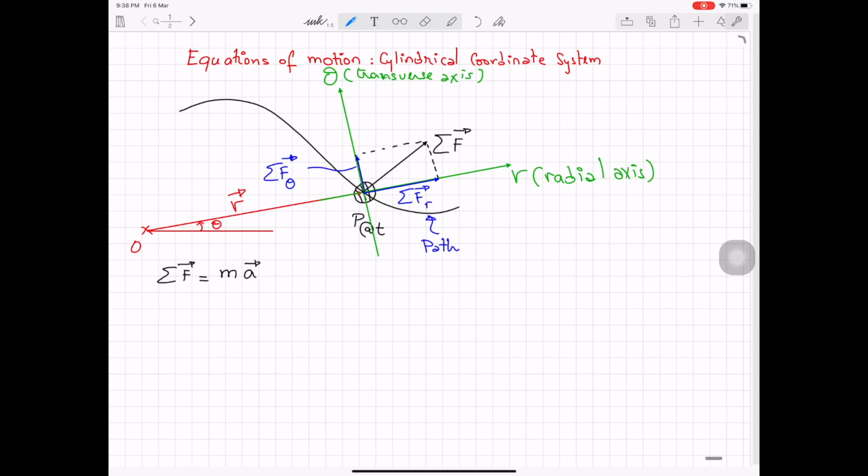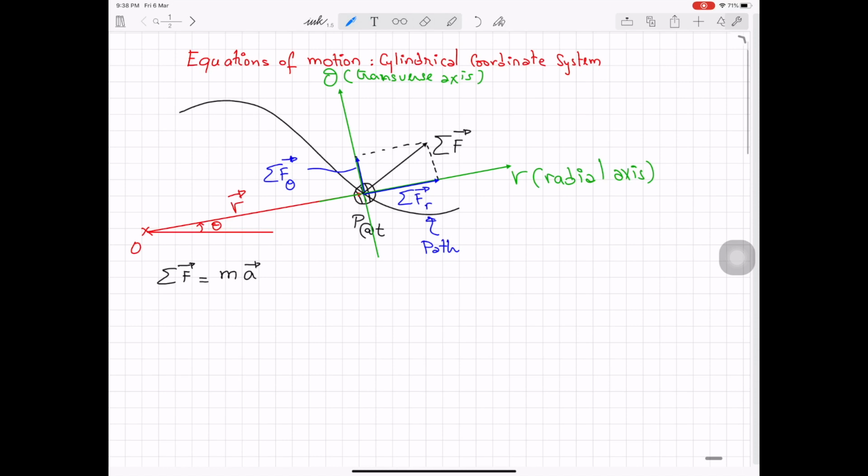In terms of the polar coordinate system, the sum of the forces in the radial axis is equal to the mass times the radial acceleration, and the sum of the forces in the transverse direction is equal to the mass times the transverse acceleration.